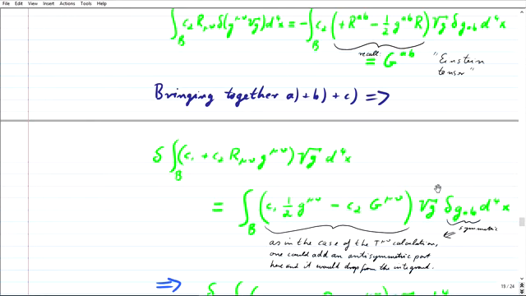Okay, so it is C1 times 1/2 g mu nu minus C2 times the Einstein tensor. And that is going to be the left-hand side of the Euler-Lagrange equation. The right-hand side was the energy-momentum tensor.